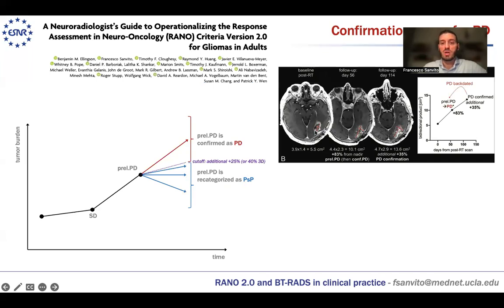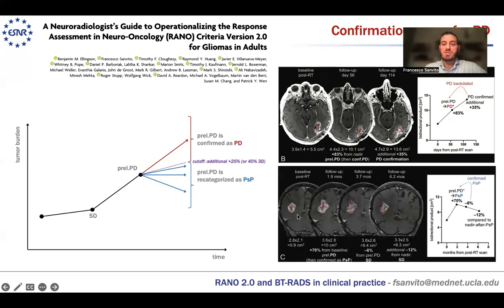So here's an example where we measure the tumor, it is growing, then it's growing again, and we call it a confirmed progression, and we backdate the day of progression to the first instance of growth. Conversely, here there is a growth and then the lesion stabilizes, kind of shrinks back. That's what we call a pseudoprogression. A very important difference between these 2 cases is that for this patient, after we confirm progression, we flag this time point as the progression date for RANO purposes, and after the confirmation, the patient exits the trial and changes clinical management, because this medication is not working well in controlling the tumor growth.